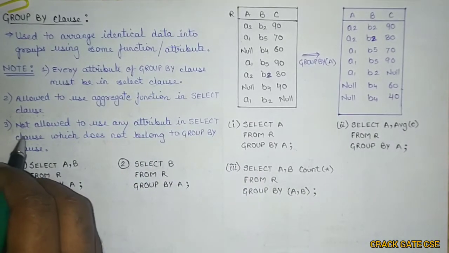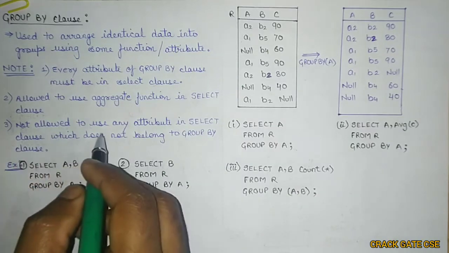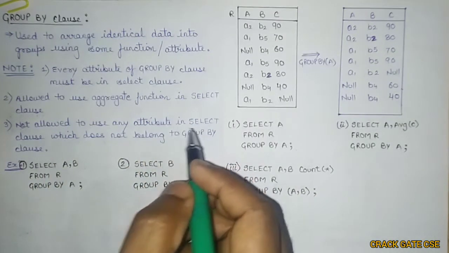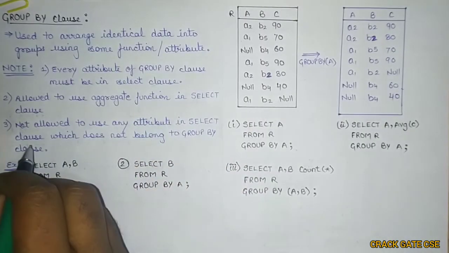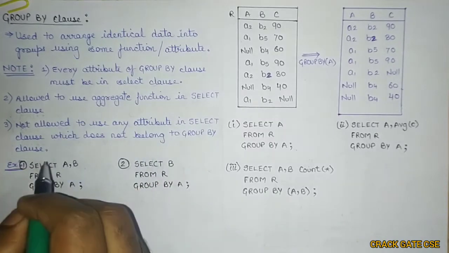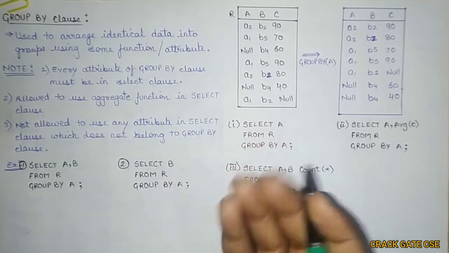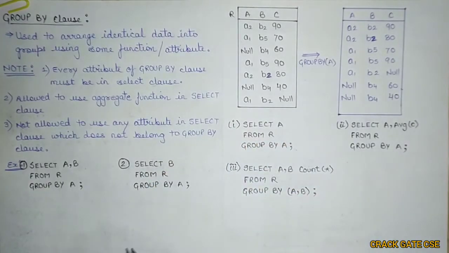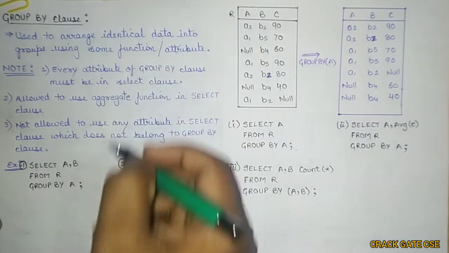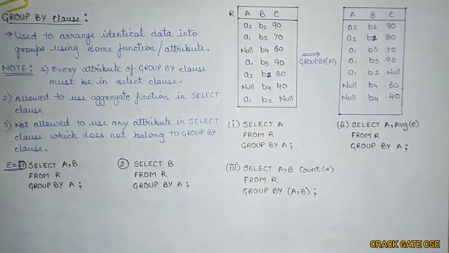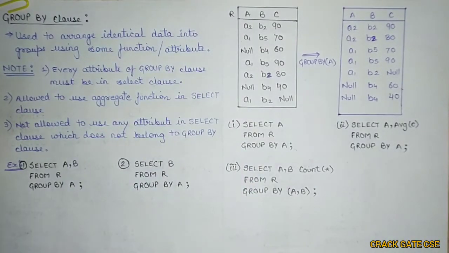Third, it is not allowed to use any attribute in the select clause which does not belong to the group by clause. That means we cannot use any attribute in the select clause which is not written in the group by clause. Now let's try to understand these 3 points with the help of some examples.